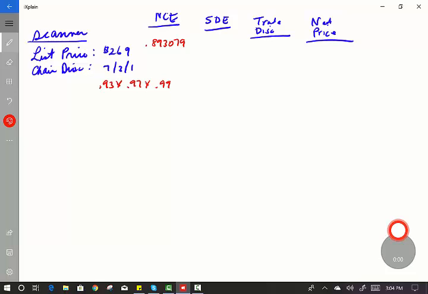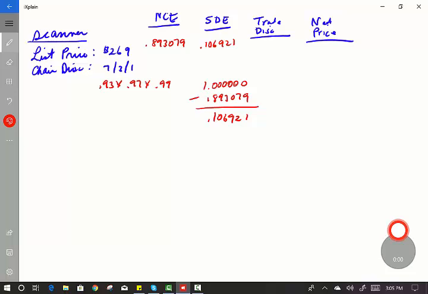Then to get the single discount equivalent, I am going to subtract the net cost equivalent from 1, and this gives me .106921.